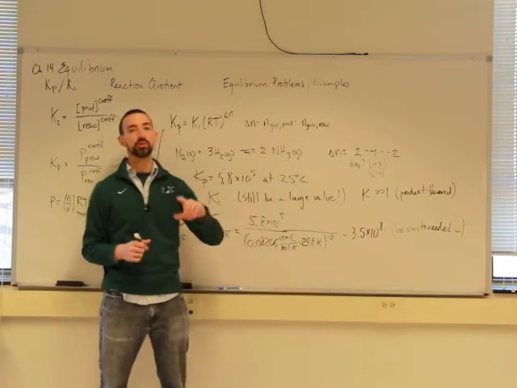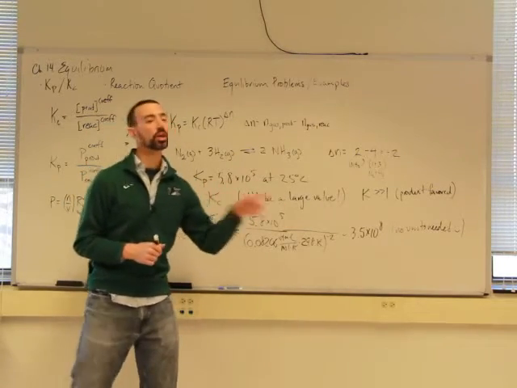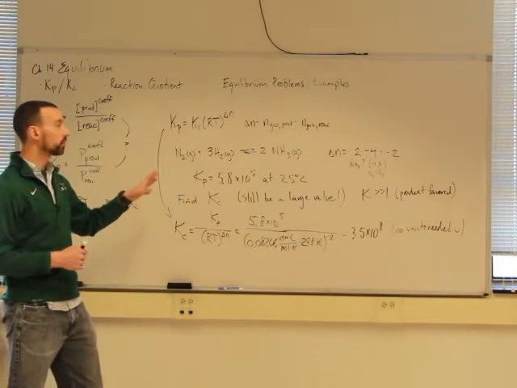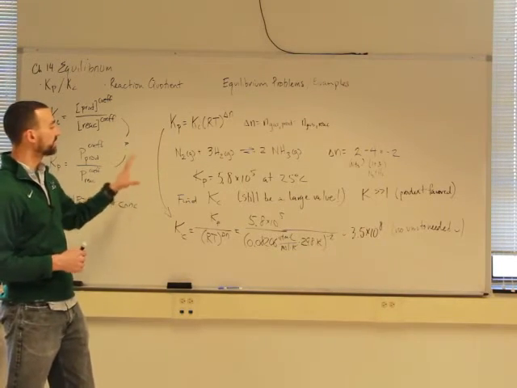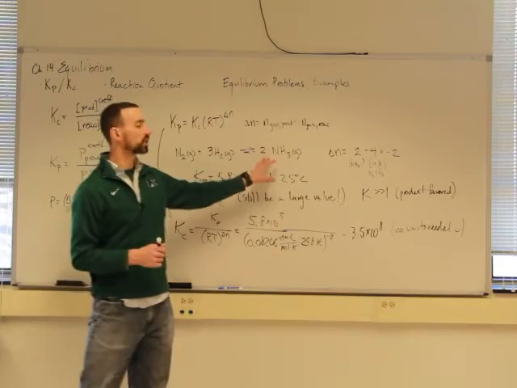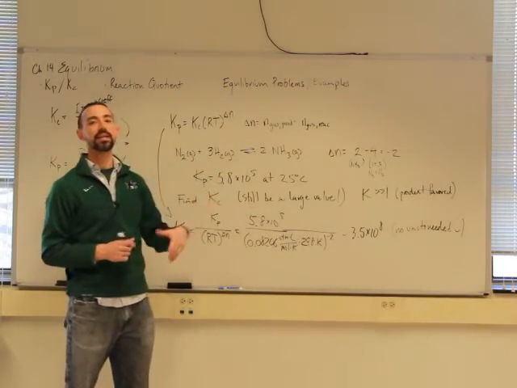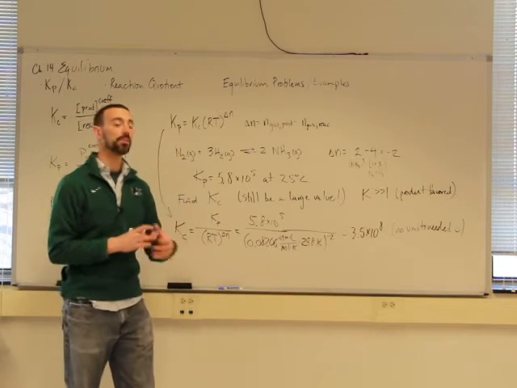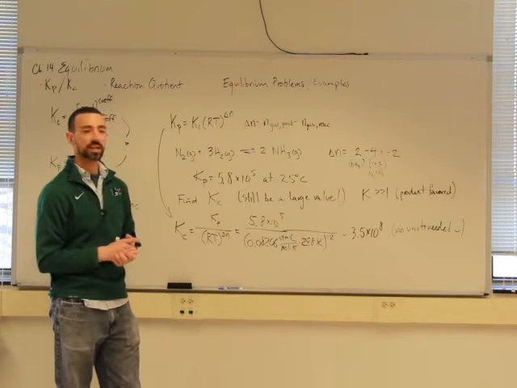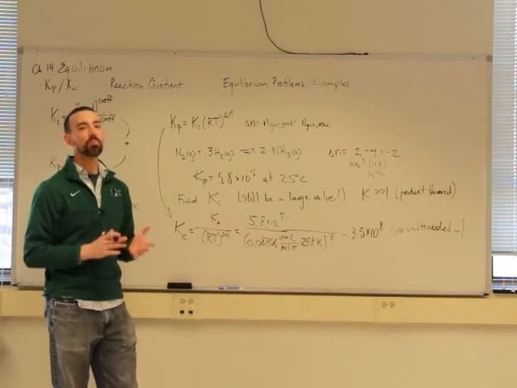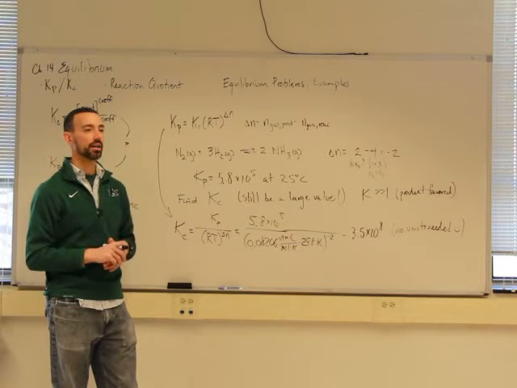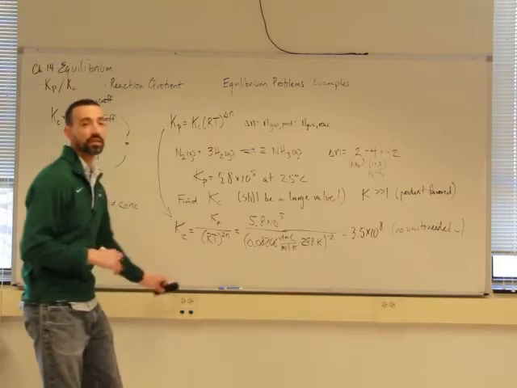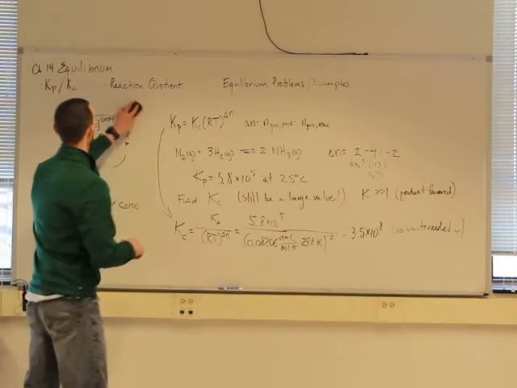But because the units change when we change languages from concentration to pressure, and the units change with every single reaction based on the coefficients, how many molarity units stick around, or how many atmospheres stick around in the case of a Kp, we often don't bother writing the units on a Kp or a Kc. So it's the one time, again, that you're sort of forgiven and don't have to worry about that.